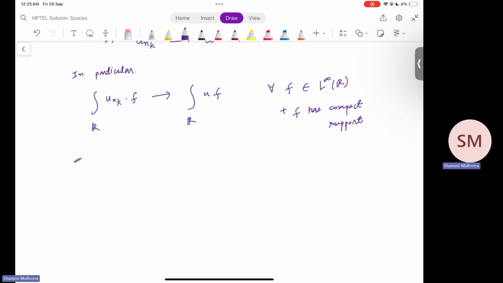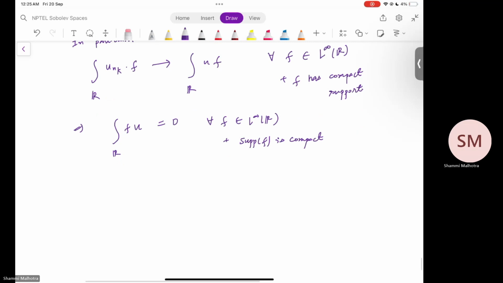So what this eventually implies is that the integration of f u has to be 0 for all f in L infinity with compact support. But once that is there, this implies one can show that u has to be 0 almost everywhere.